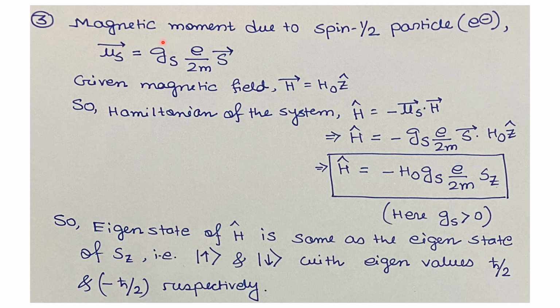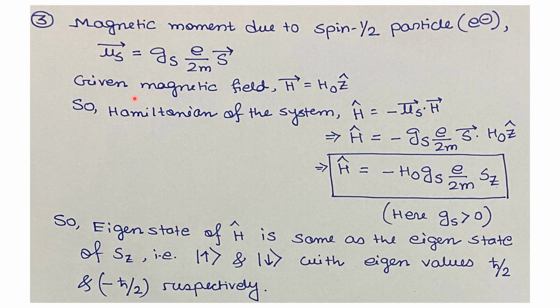The magnetic moment due to a spin half particle, let's say an electron, is given by the magnetic moment vector, that is mu s vector, equals gs times e by 2m times s vector. Here s vector is the spin vector of the electron and gs is the Landé factor for the spin component.